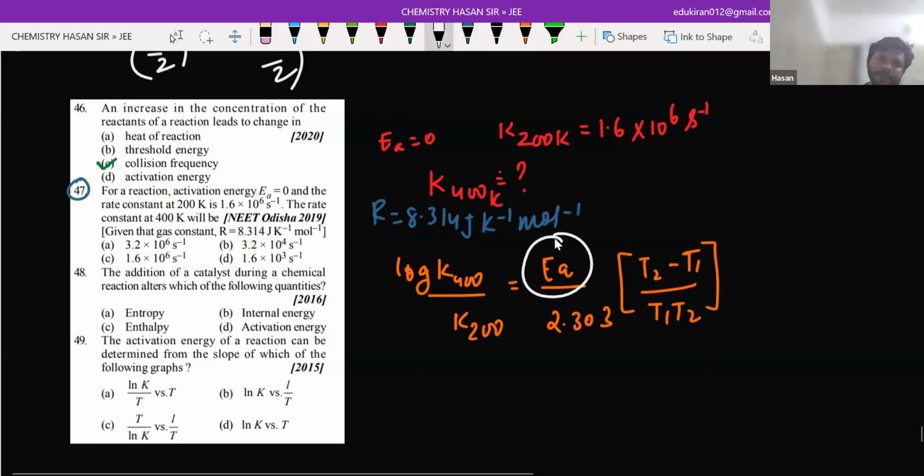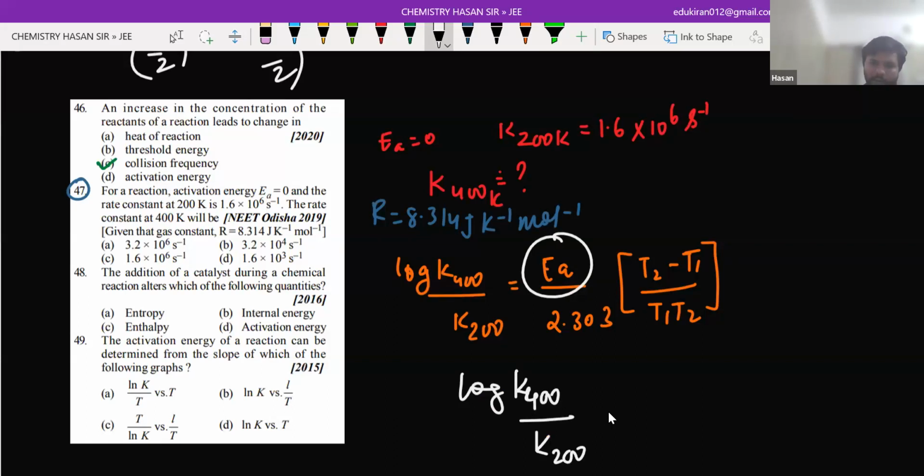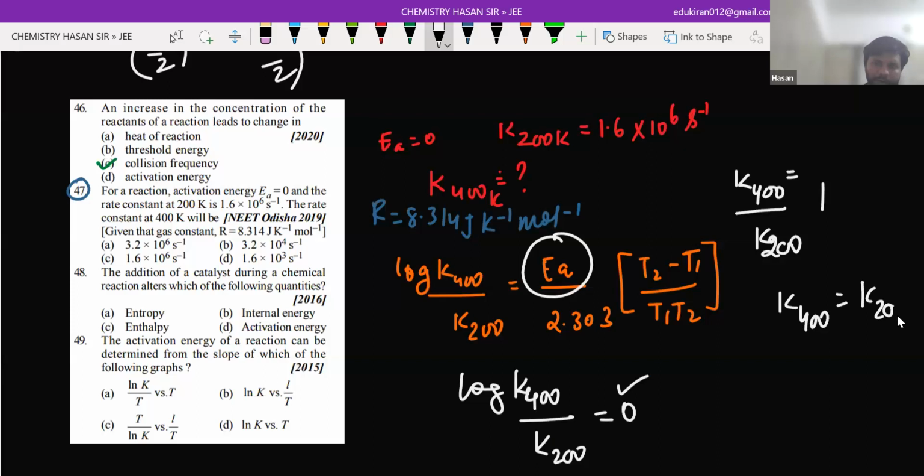Now, as you can see, EA is 0, so the whole quantity becomes 0. Log K 400 upon K 200 will be equal to 0, that means log 1. Log 1 equals this, and the log cancels. So K 400 upon K 200 will be equal to 1, and K 400 will be equal to K 200.